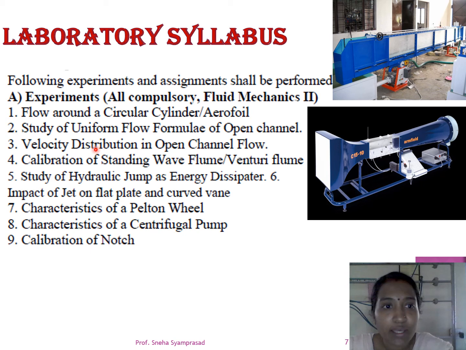Then study of uniform flow formula of open channel, velocity distribution in open channel flow, and calibration of standing wave flume or venturi flume. Then study of hydraulic jump as energy dissipators. From the second experiment to the fifth experiment, we are going to conduct them in the tilting flume.